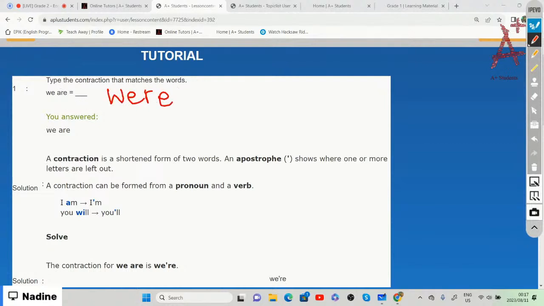And the A that was left out, we put the apostrophe over there. That is a contraction. It is the shortened form of the two words, we are. The apostrophe is also in place to show where we left out the A in those two words. So we are is the same as saying we're.